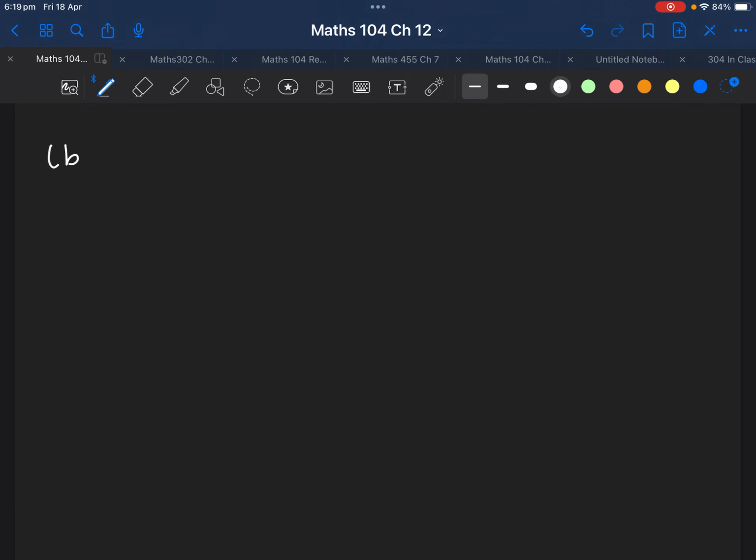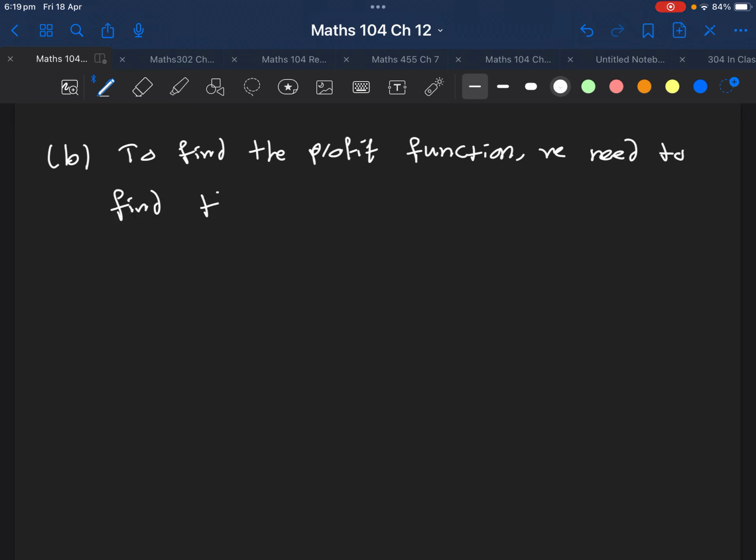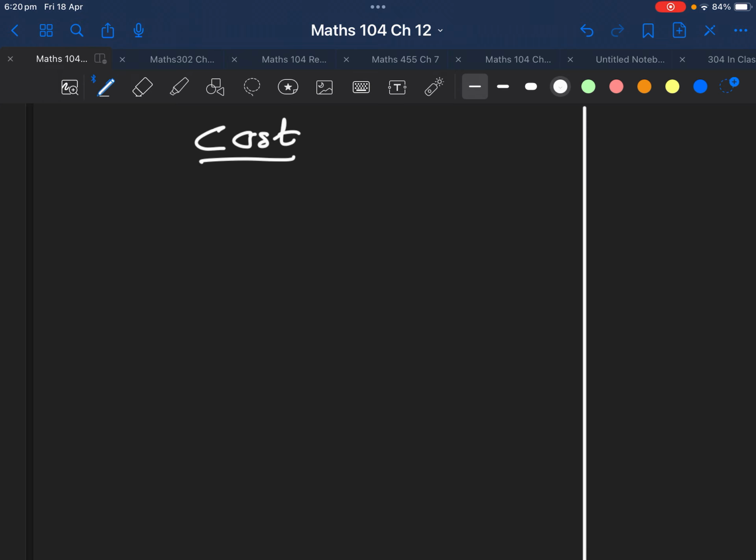Here, B. To find the profit function, we need to find the cost and revenue. So what I will do, I will split my screen into two parts. Here we'll find the cost. After we finish, here in this side we'll find the revenue. So let's go to the cost.